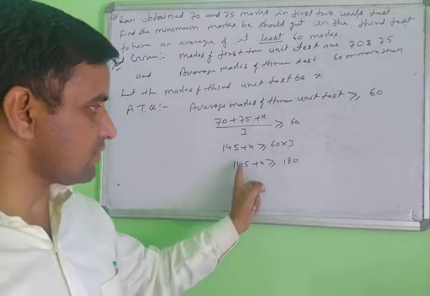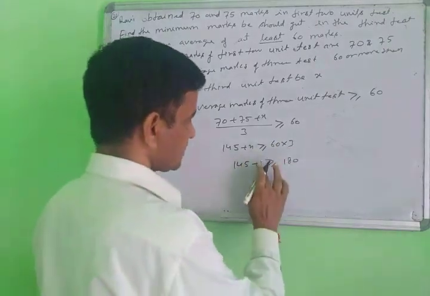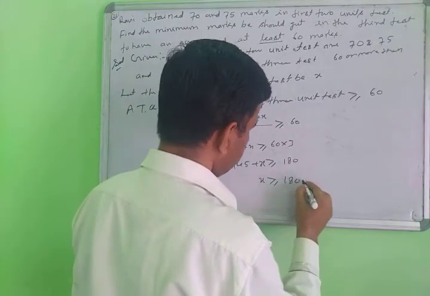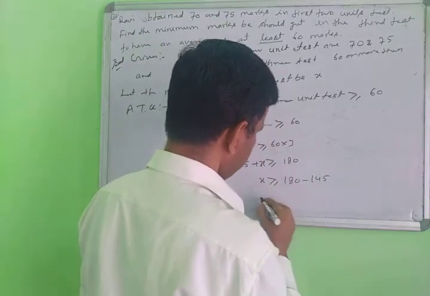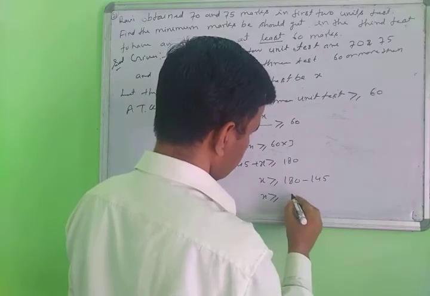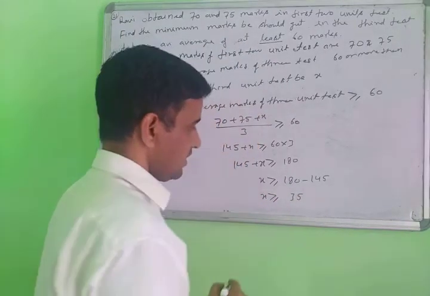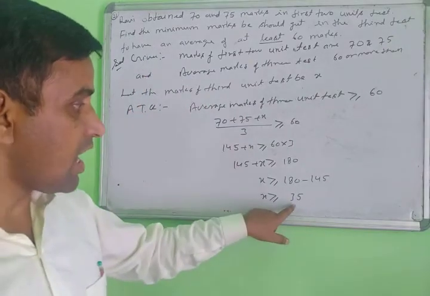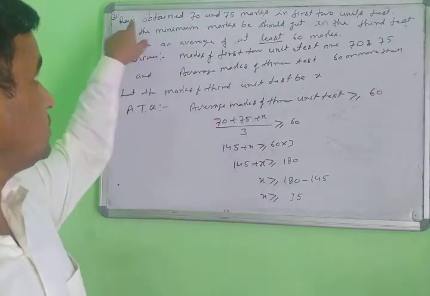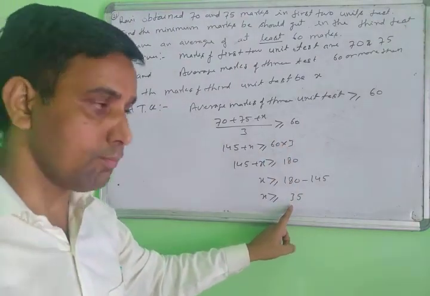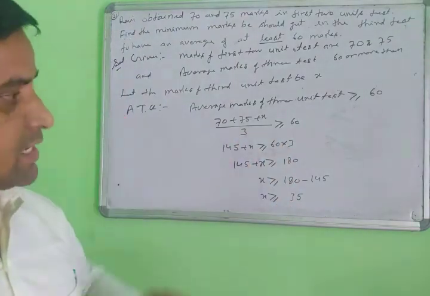Transferring the 145 to the right side, X is greater than or equal to 180 minus 145. X is greater than or equal to 35. Ravi should get 35 marks or more in the third test.